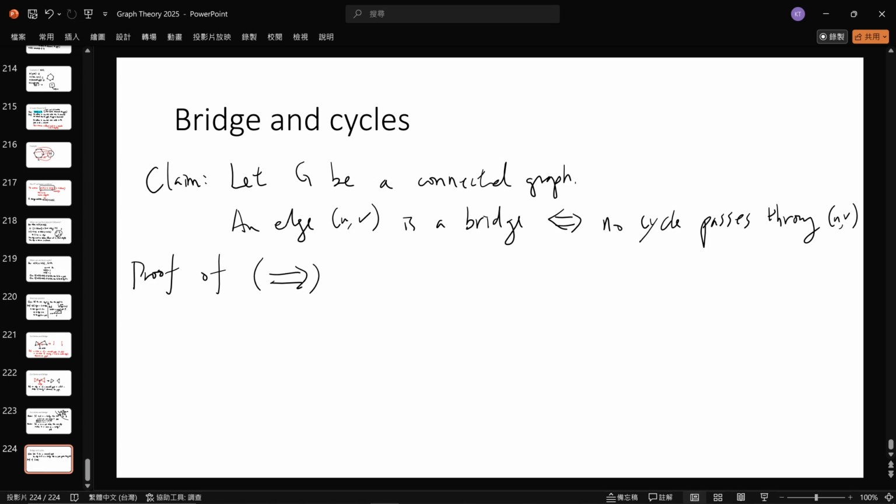You have a bridge at hand, and you want to show that you cannot find a cycle that contains this bridge. So you have a bridge called UV, and the reason that this is a bridge must be that if you remove this edge, then you get two components.